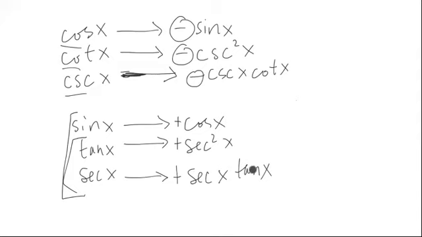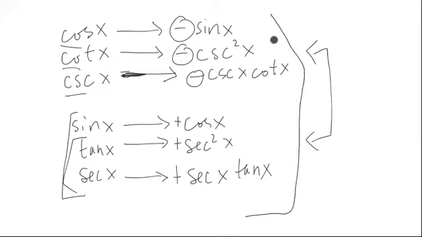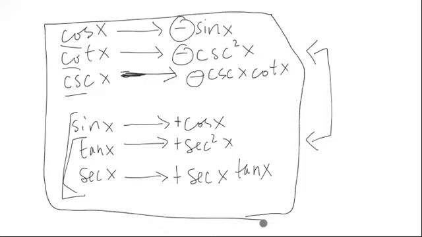So secant tangent and cosecant cotangent. There are a lot of ways you can maneuver through this to memorize these. I recommend memorizing all of these and finding mnemonics to know these, because it'll make life easier when you're taking large derivatives. If you don't have to look them up, you can just know them.